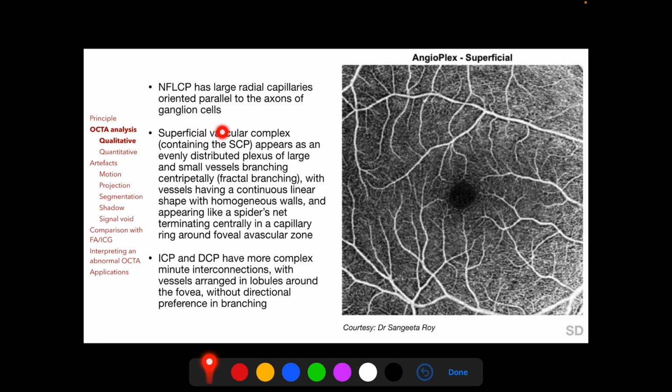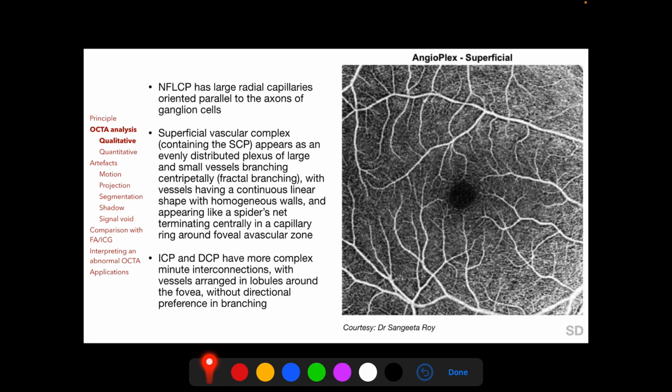The superficial vascular complex containing the superficial retinal capillary plexus appears as an evenly distributed plexus of large and small vessels branching centripetally, that is towards the center, and the nature of branching is said to be fractal, with the branching pattern at every level mirroring the branching pattern in the level above and below.